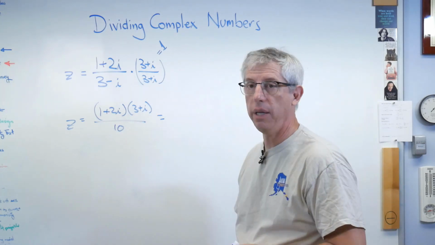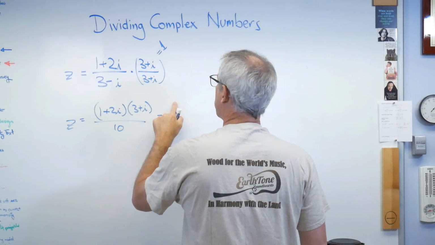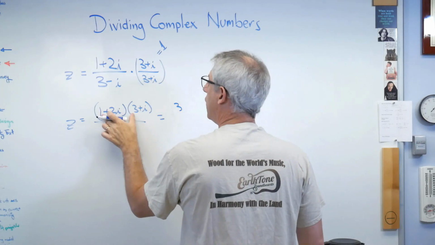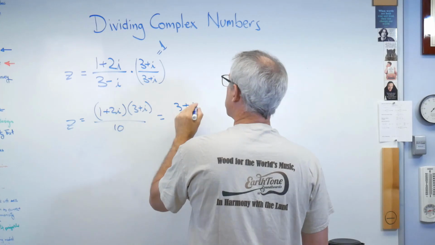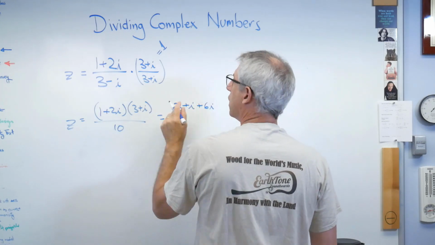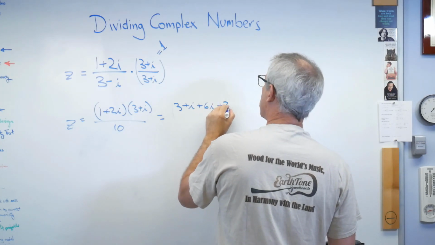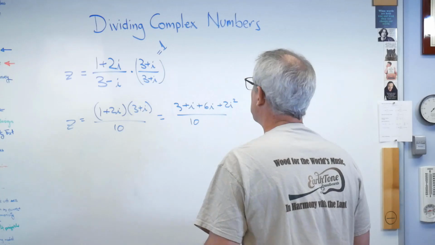Well, this is easy. Let's try this. So 1, here I'm going to use FOIL again just to speed things up. So 3 plus i plus 6i plus 2i squared over 10.